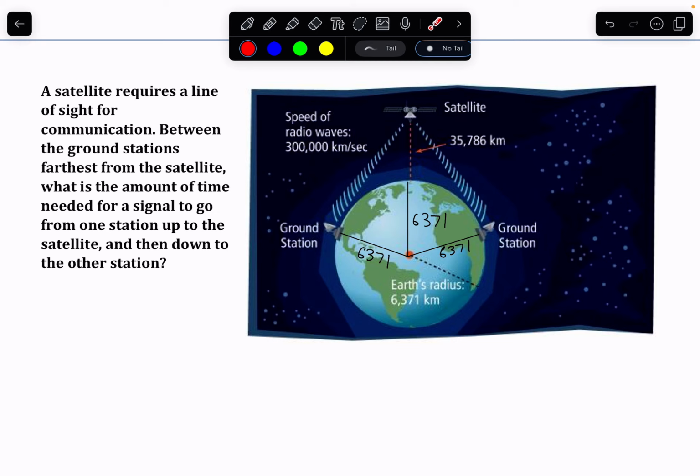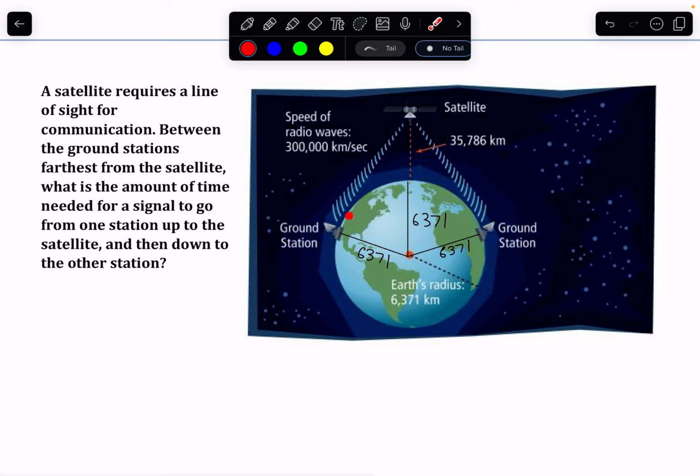Since we're being asked how long it takes the signal to go from the ground station to the satellite, we need to know the distance from the ground station to the satellite. Since the satellite requires a line of sight, the furthest away spot on the Earth it could be is the tangent point. Because after that, this satellite signal is going to be going away from Earth.